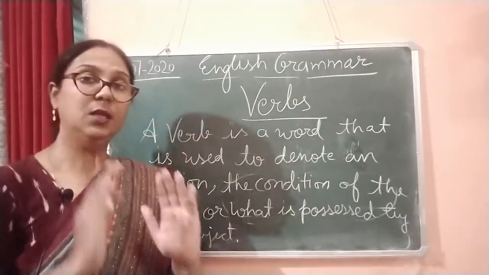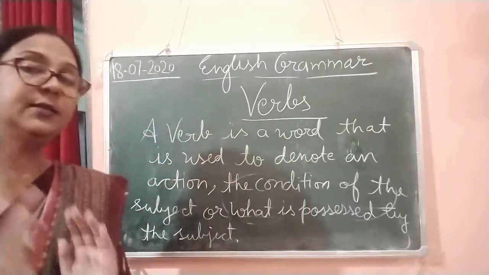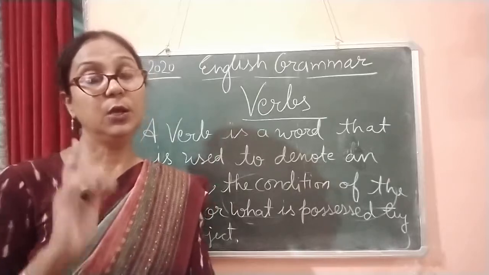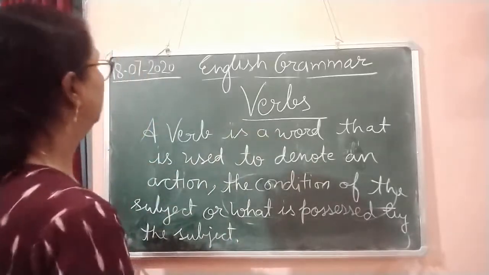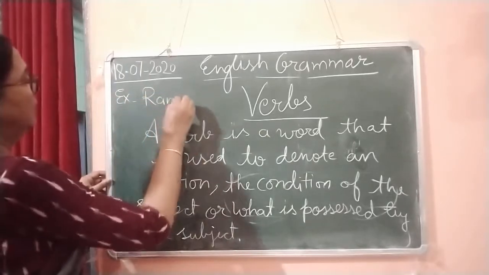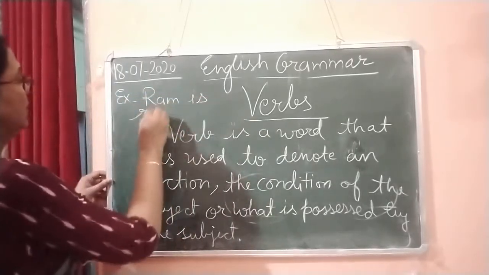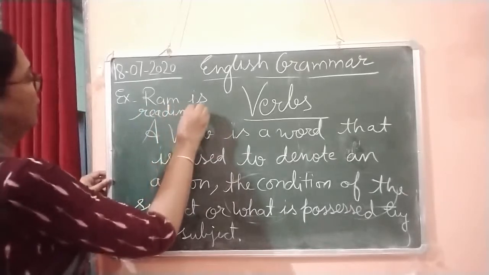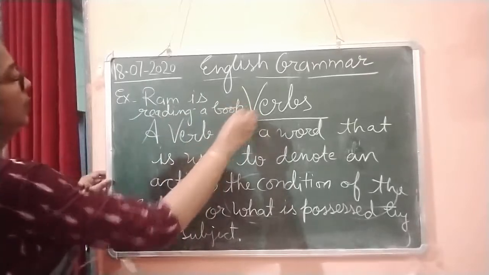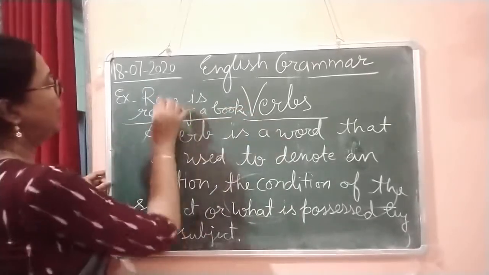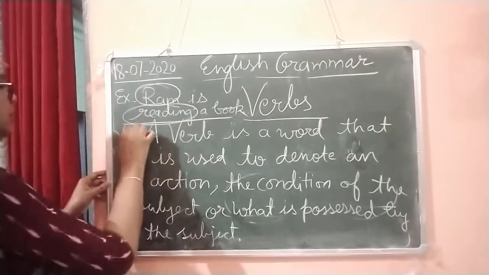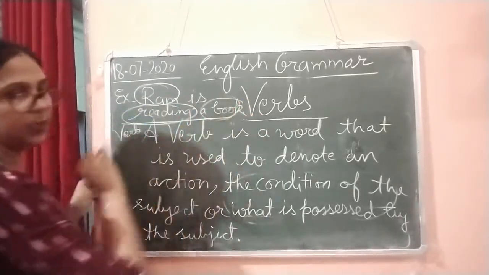I am going to give you an example: Ram is reading a book. Here you can see Ram is a subject and reading is a verb, and this is the object.